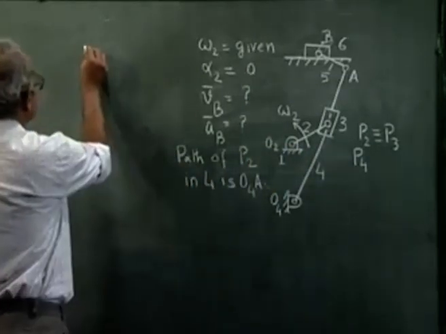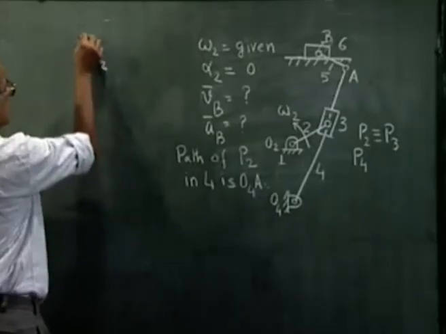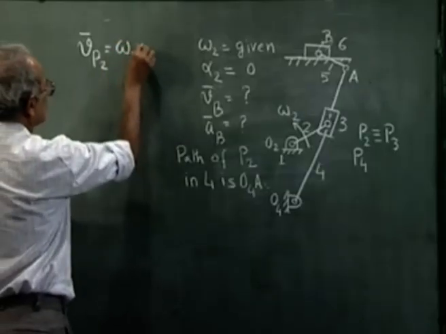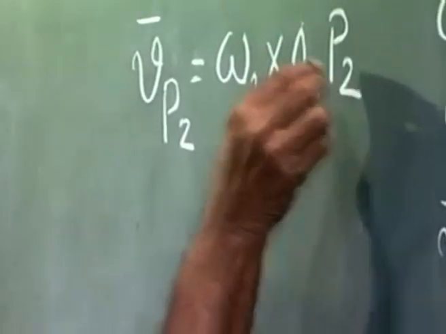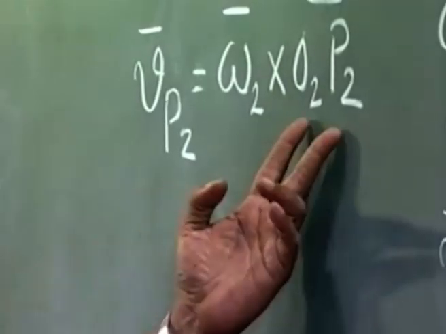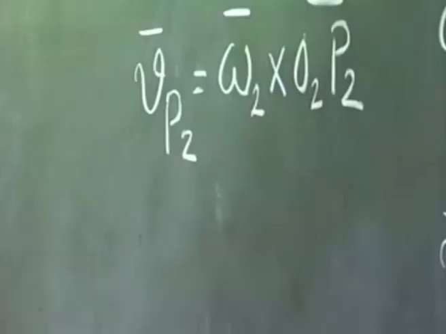So we know velocity of the point P2 is omega 2 cross O2 P2, which is completely known because the vector O2 P2 is known and also the angular velocity vector omega 2 is known.